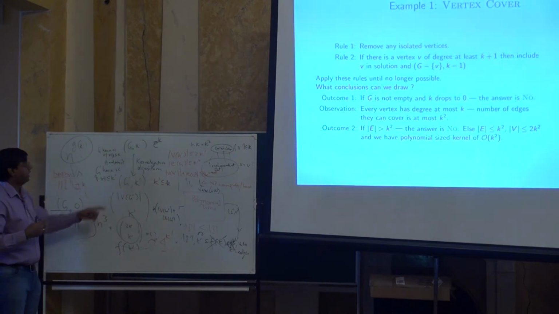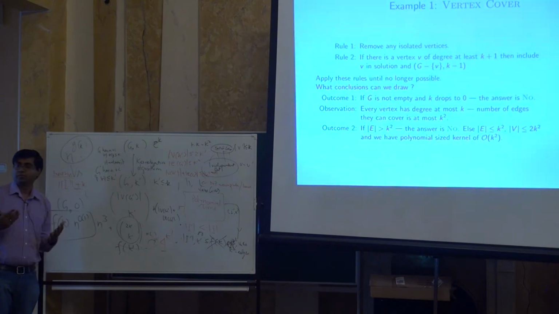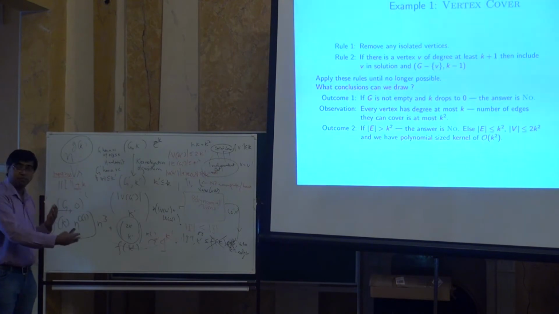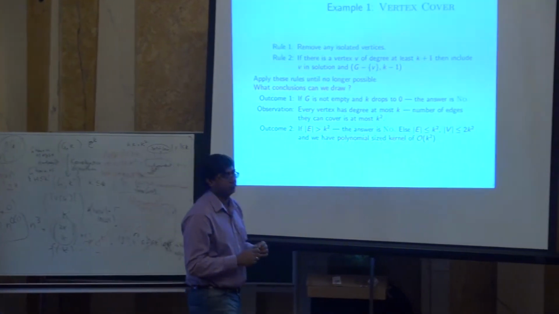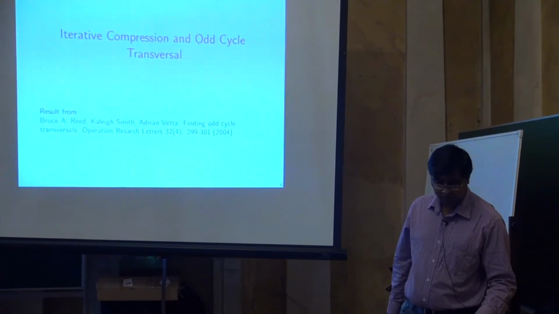For example, do they have a kernel of this nature or of this nature? We do not know. So this is still a very active area. Lots of papers are being written. I mean, all kinds of questions are there: particular problems, classes of problems, introducing new methods, new ideas, and things like that.